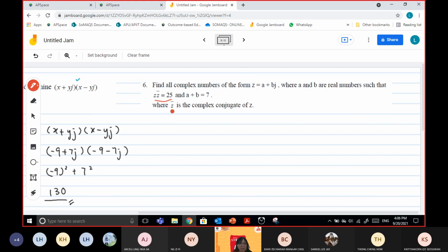What is z bar? The z bar is the complex conjugate. And a + b = 7.